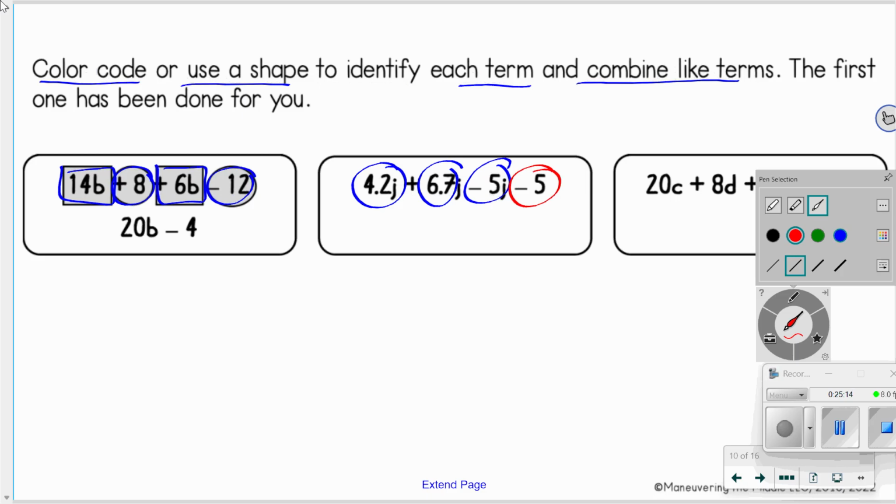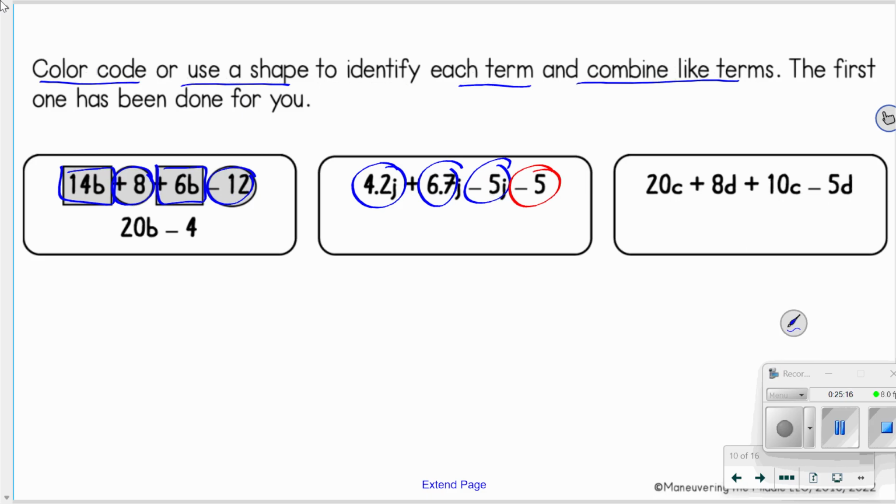So the ones that go together, I'm going to add 4 and 2/10, 6 and 7/10, and a minus, well, let's add those first, that gives me 10 and 9/10, but then I subtract 5, which gives me 5 and 9/10, and the bigger one is positive, so that becomes 5 and 9/10 J. There's only one constant, so I just write it out.